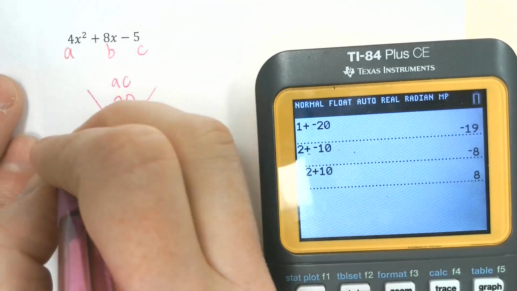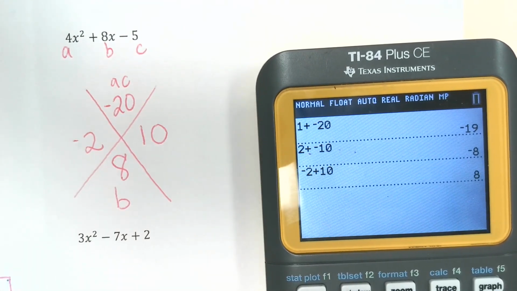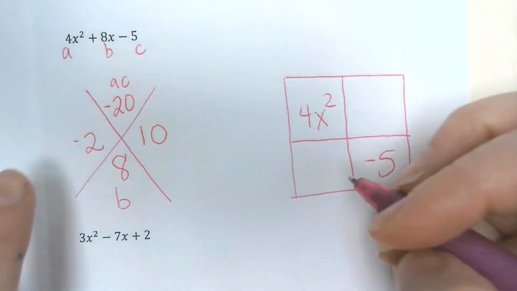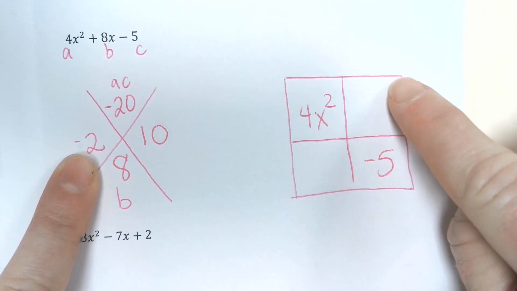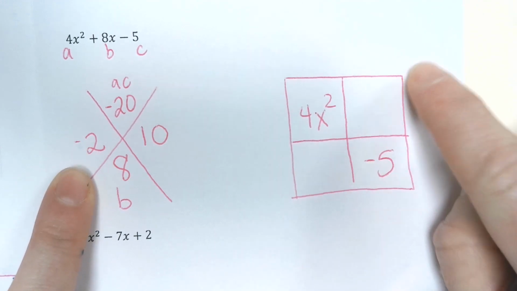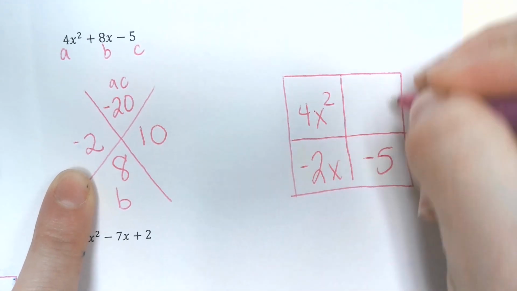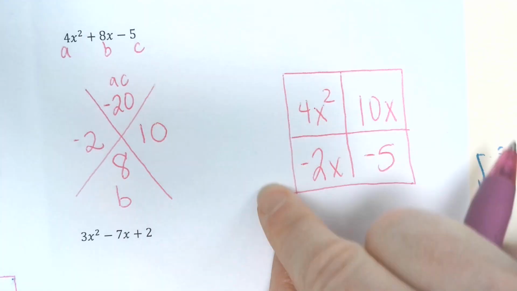So it is negative 2 and positive 10. So those are your magic numbers, and it doesn't matter which spot you put 2, negative 2, and which spot you put 10. So if you do opposite, that's okay. These will just be reversed.